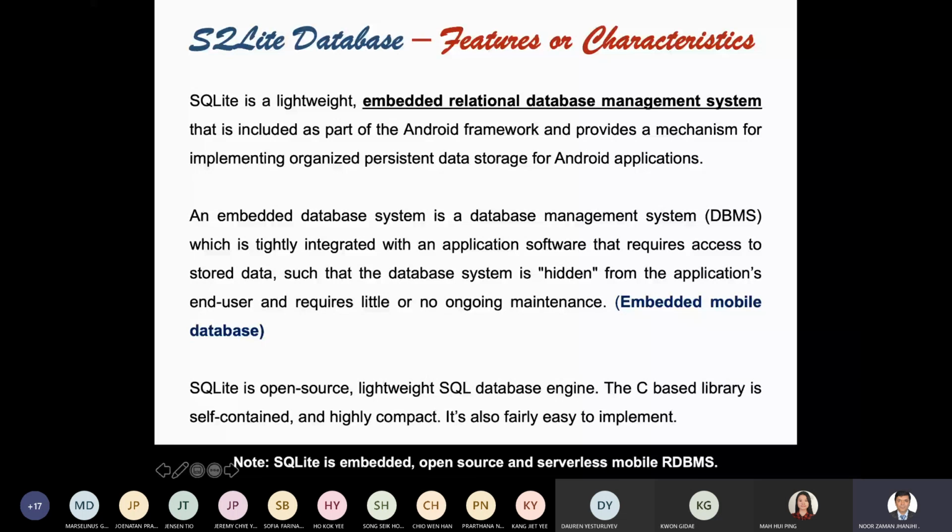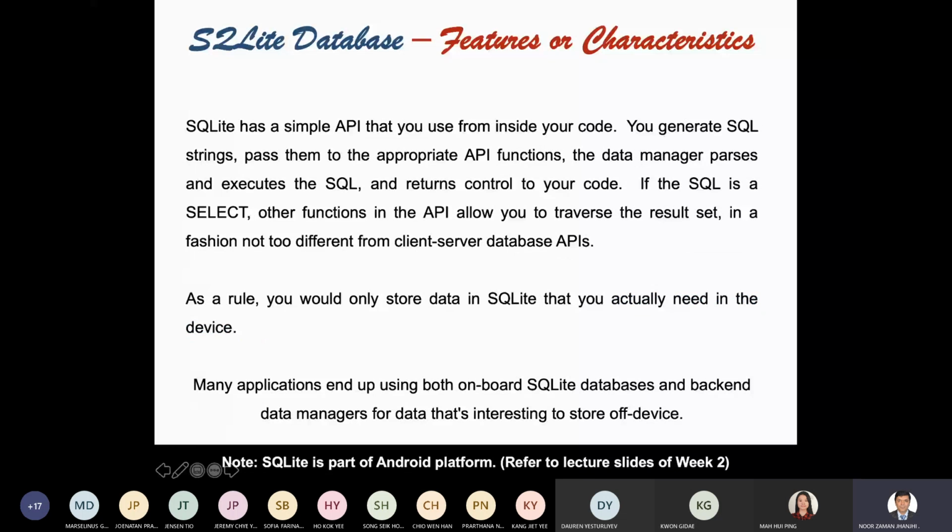Now, as we discussed, this is a simple API inside your code. You are not required to do anything extra, you just need to call that API. You are required to use the additional methods and call the additional classes. If you remember what we discussed, those classes are the OpenDB helper, the SQLite database, and the cursor.